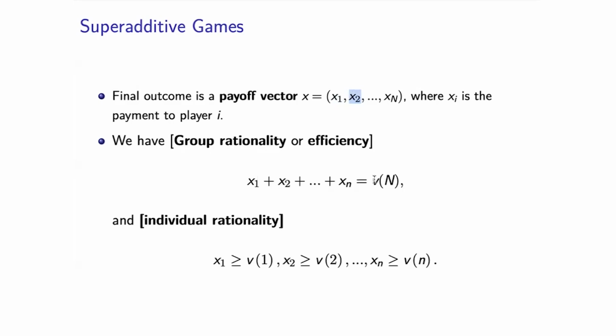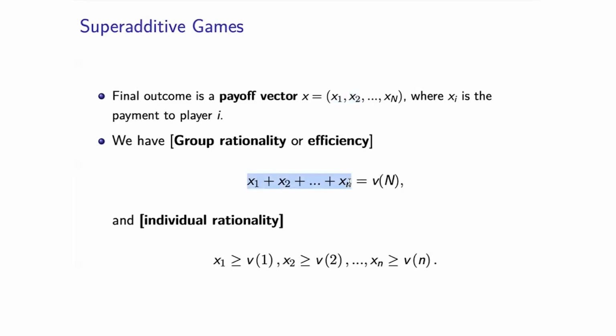The total value of the coalition, if all the members are part of it, is Vn. So the amount that we give to each player has to add up to Vn. That property is called group rationality, or efficiency.